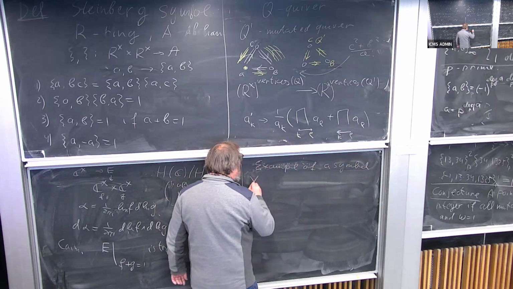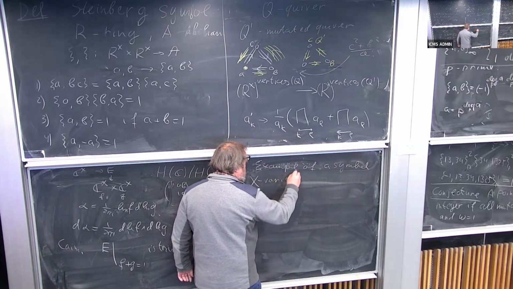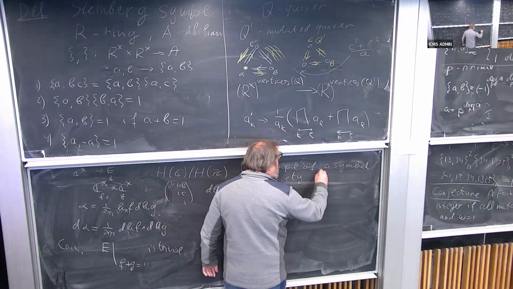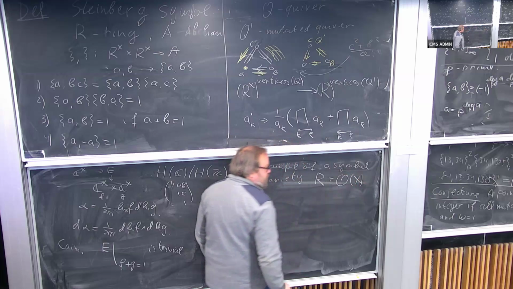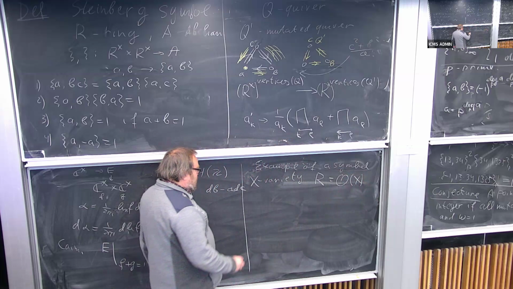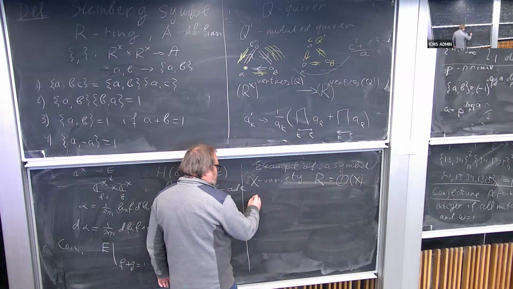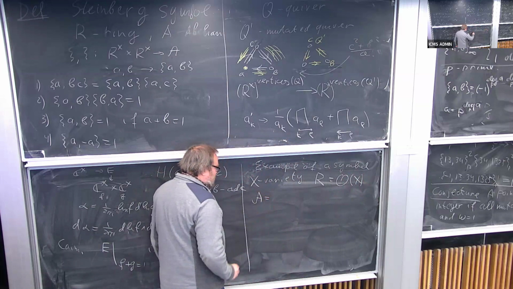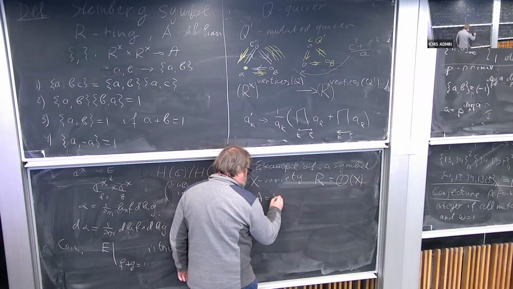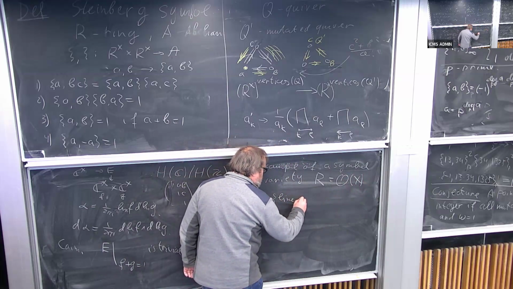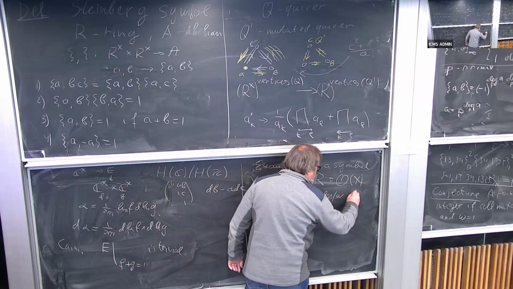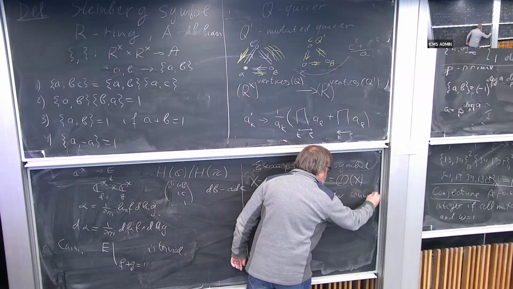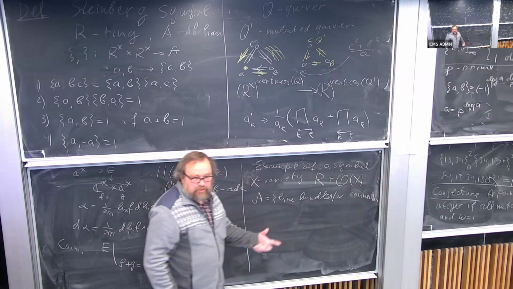O star of X is the regular functions on X, and A is the space of line bundles with connection. It's a group with respect to tensor product.